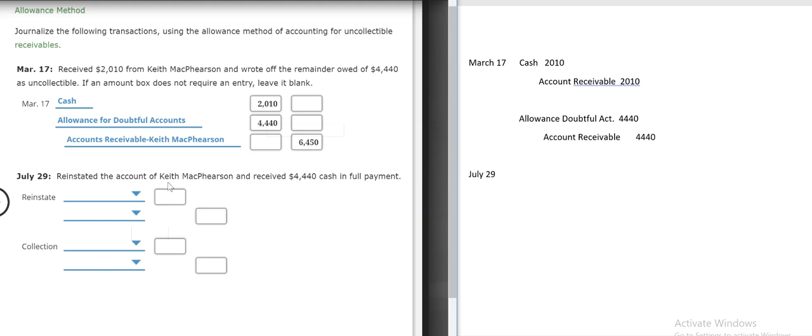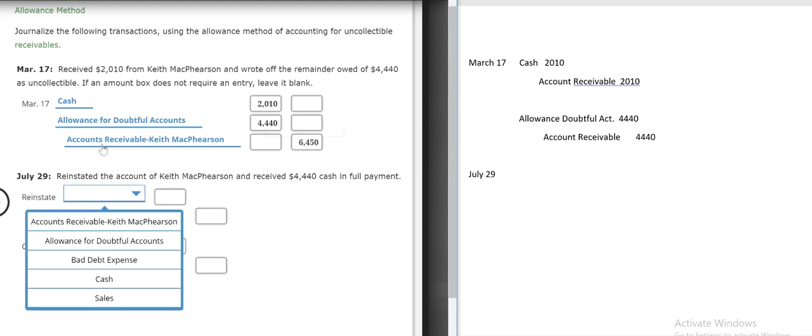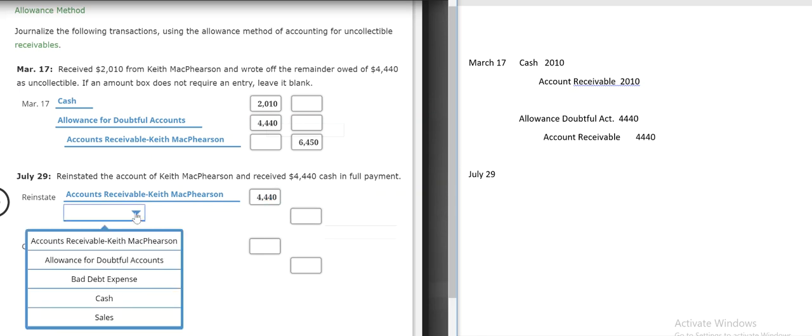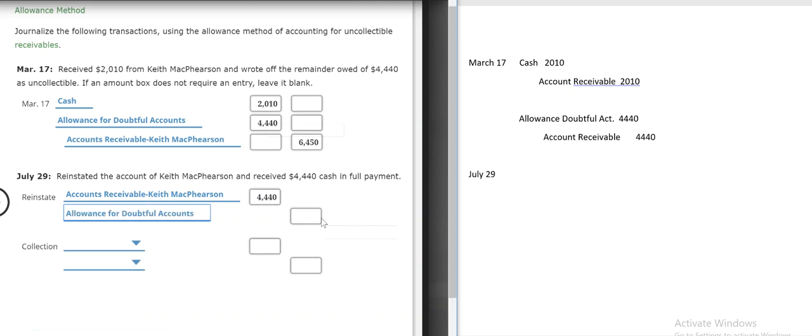For homework purposes, they ask, what happens if Keith somehow decides to pay you back? If he does pay you back, I'm going to put it back on the account receivable, 4,440, and I'm going to credit the allowance. So again, I'm simply reversing this entry.